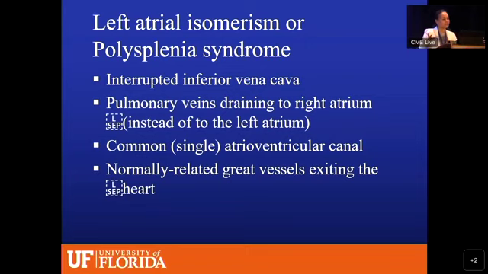Your pulmonary veins could drain to the left atrium, could drain to the right atrium instead, or you'll have ipsilateral veins, which we will show later, or there'll be a common single AV canal, again not indicative of either right or left atrial isomerism. And most left atrial isomerism is associated with normally related great vessels exiting the heart.